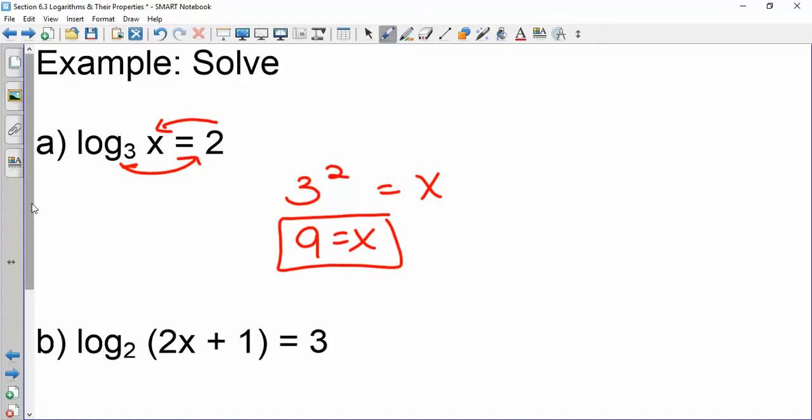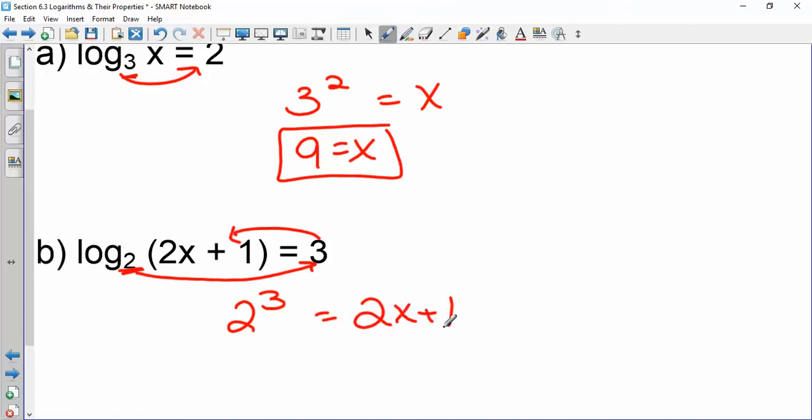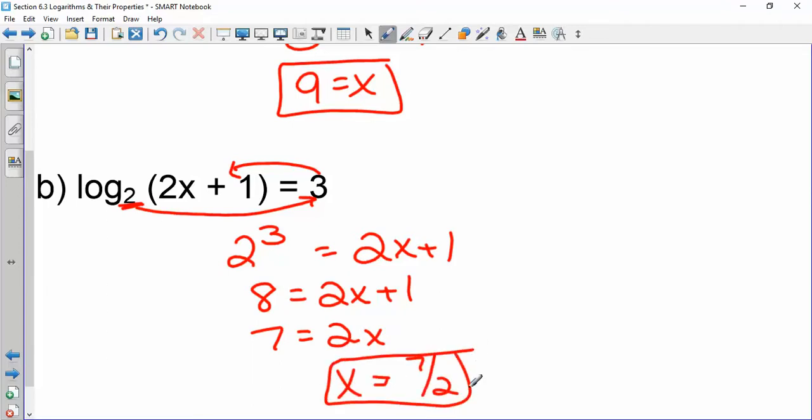That's positive, so we don't have to worry about it. Next one, this would be 2 to the third equals 2x plus 1. What is 2 to the third power? So subtract 1, divide by 2, x is 7 over 2.